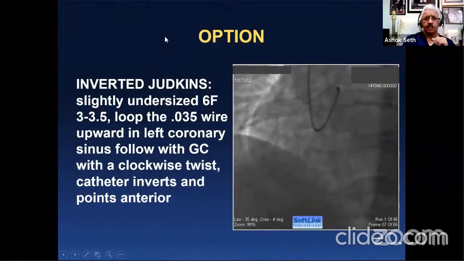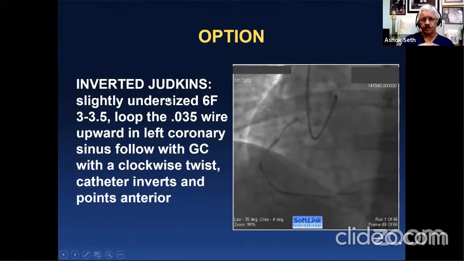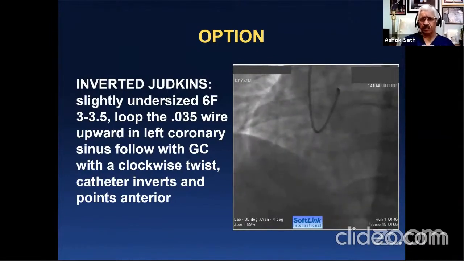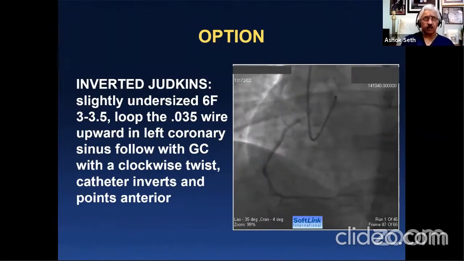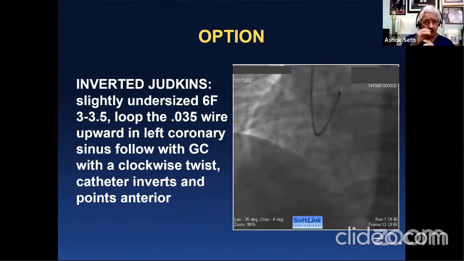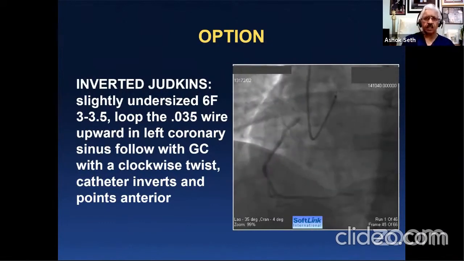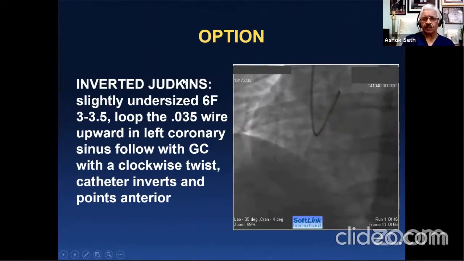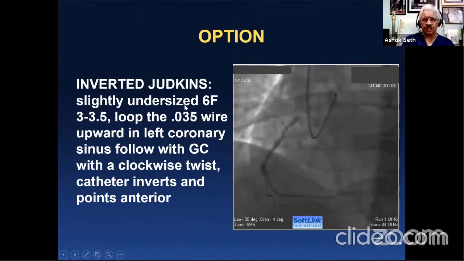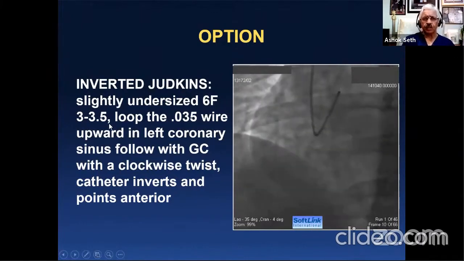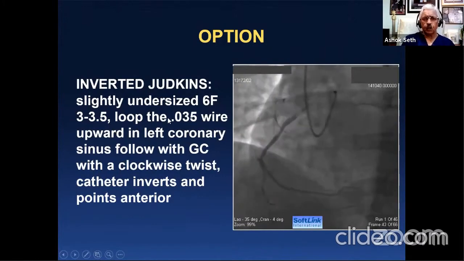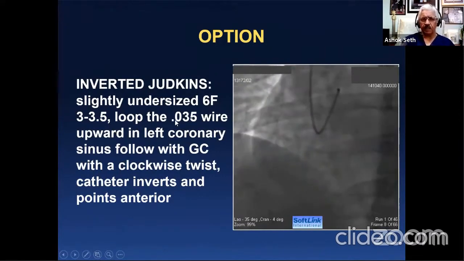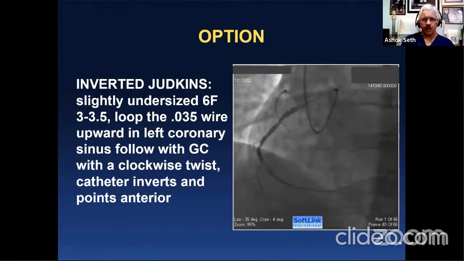The option is the inverted Judkins. I love this, and I've perhaps done more than 20 anomalous RCAs with this methodology, maybe even more than 25 anomalous arteries just by the inverted technique. If you just take a slightly undersized Judkins, which is 6F, 3 or 3.5, loop it with a 0.035 wire in the left coronary sinus upwards.